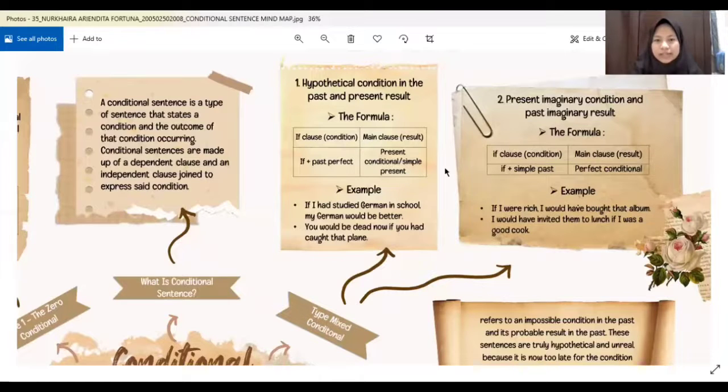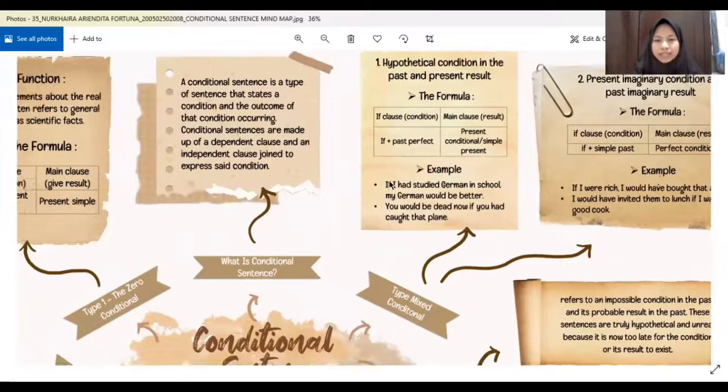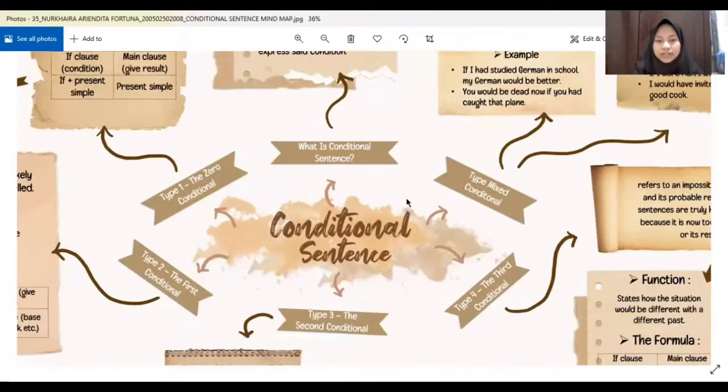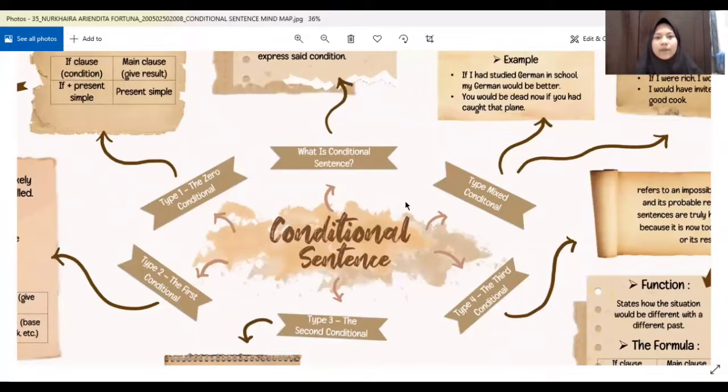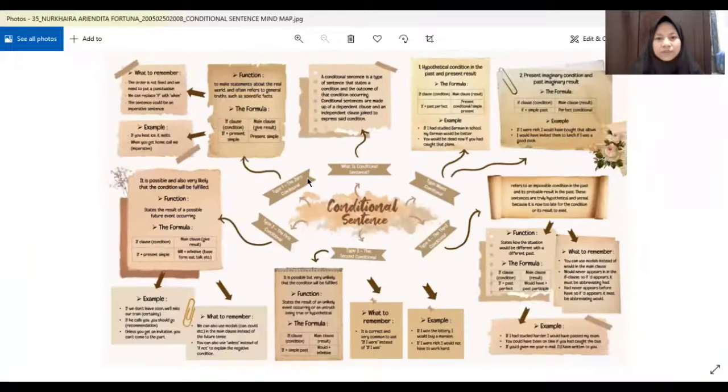I think that's all I can explain about the conditional sentence. I already explained about type 1, type 2, type 3, and 4, as well as the mixed conditional.